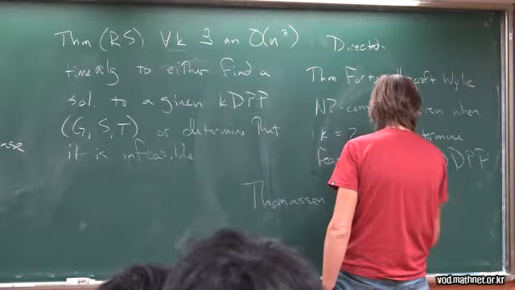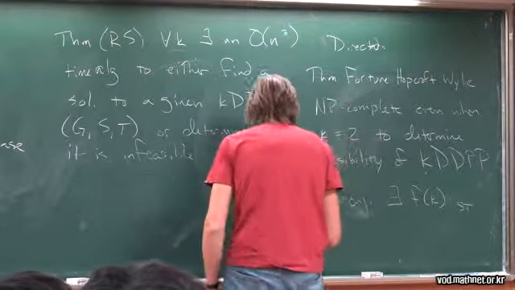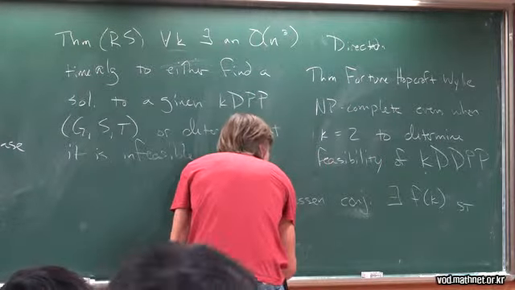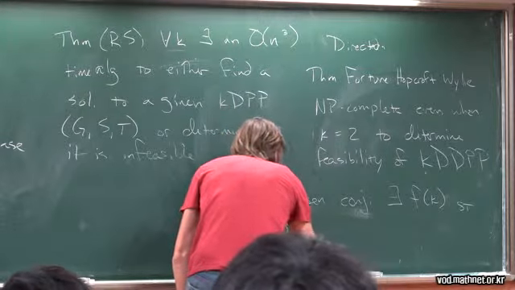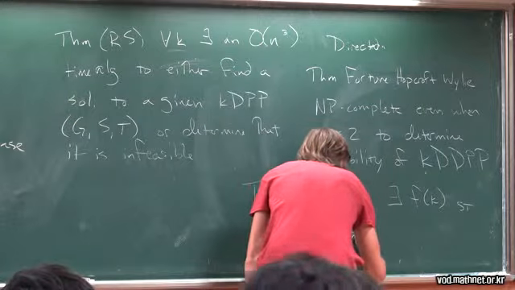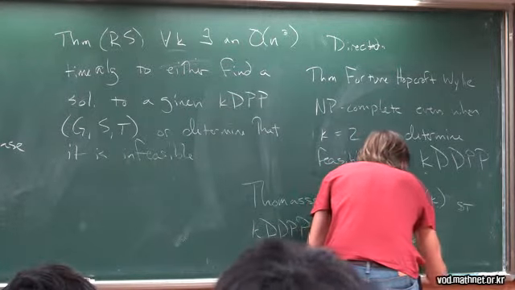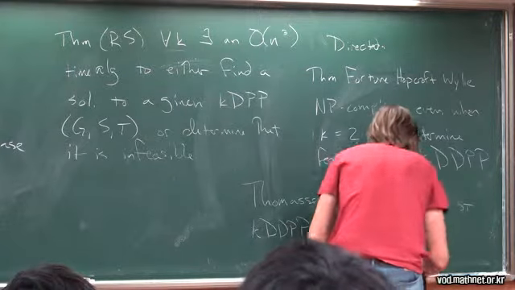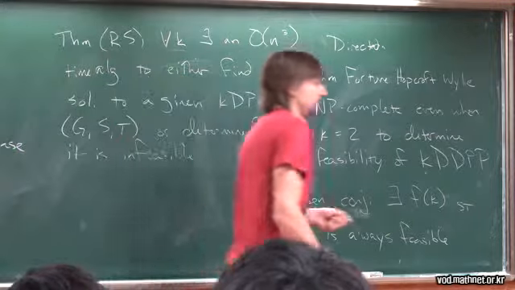That there exists an f of k such that the k directed disjoint paths problem is, in fact, he conjectured that it was always feasible for instances where, where's my eraser?